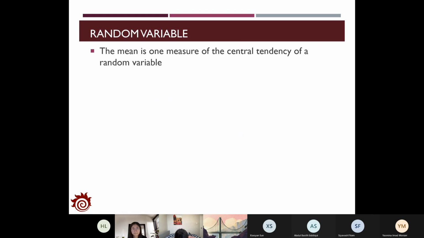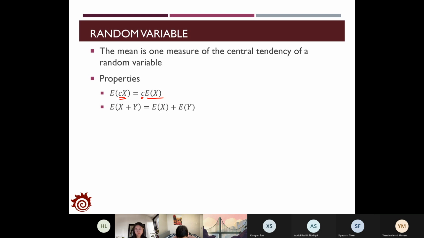Also, we have some properties for the mean value. Usually, the mean only measures the central tendency of the random variable. If you have a constant c times the random variable, then the expectation of c times X will be c times the expectation of X. So this one is always true.